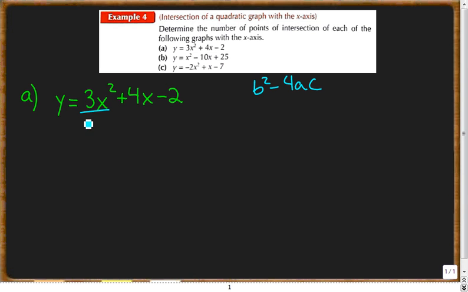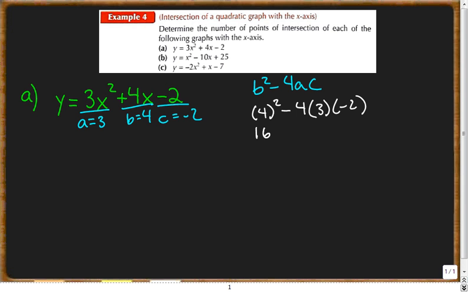So we need to know what our A is. A equals 3, B equals 4, and C equals negative 2. So that means we're going to have 4 squared minus 4 times 3 times negative 2.